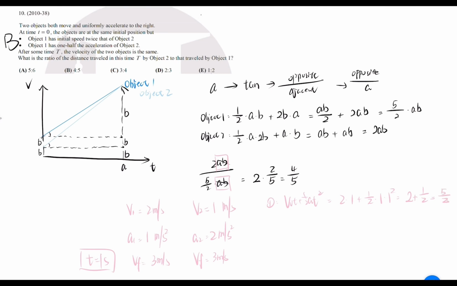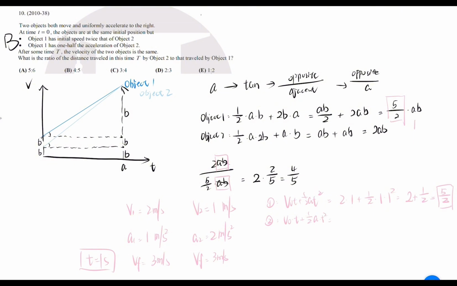You can already see that the value here is actually equal to the value here, since we just replaced A and B with 1, so the value at the end would be the same. And for object 2, it's the same. Initial velocity multiplied by time plus 1/2 acceleration multiplied by time squared.